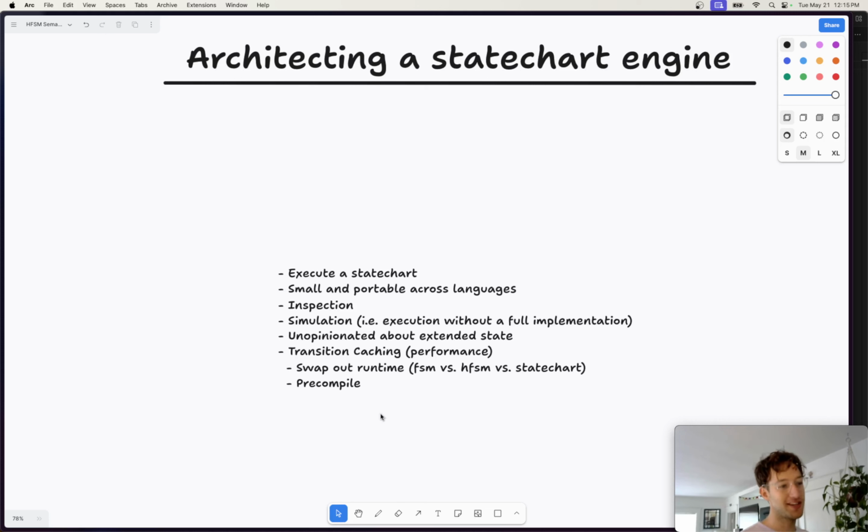The first thing that you want a state chart engine to do is, very bluntly, to execute a state chart. Usually this is some textual description that is probably parsed into some machine representation, and then there are a set of semantics to execute that state chart. This recording in general is less concerned about semantics. The nitty gritty semantics are obviously an important topic.